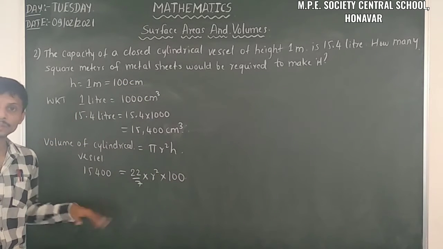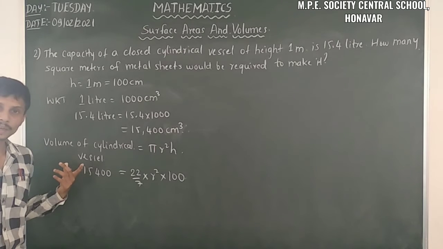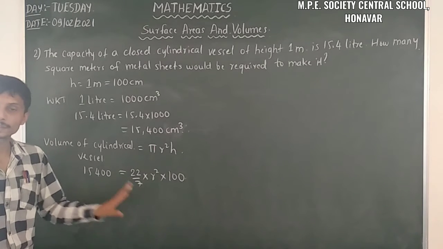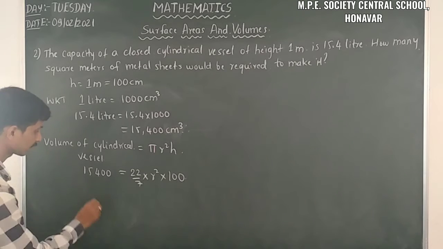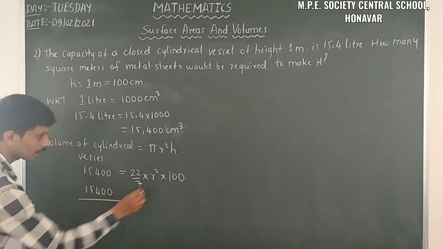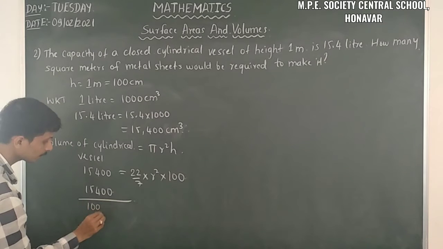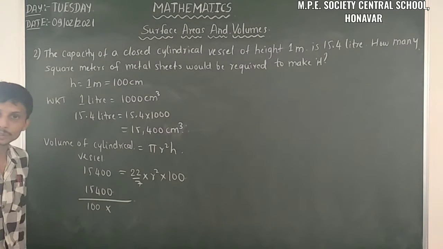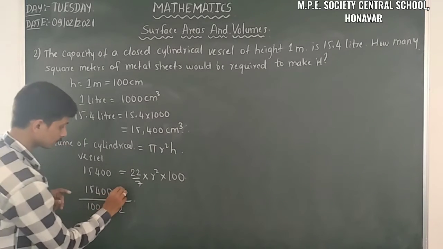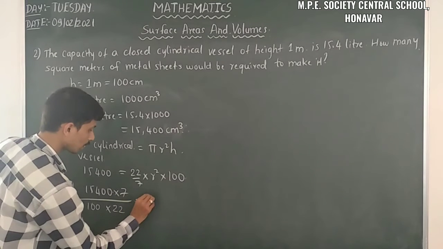So then we have to transpose all the things to the LHS side and remain r square as it is in the RHS side. That is 15,400, and here the 100 comes in the denominator, and 22 is also in the numerator, r comes in the denominator, and here 7 comes in the numerator, is equal to r square.